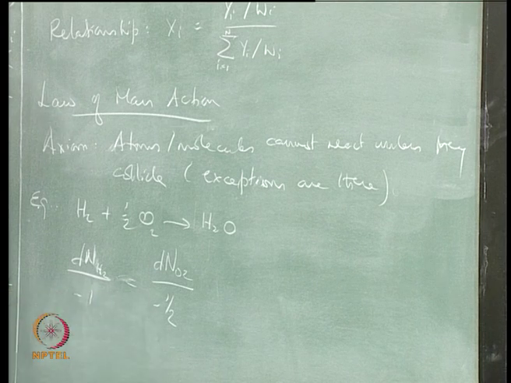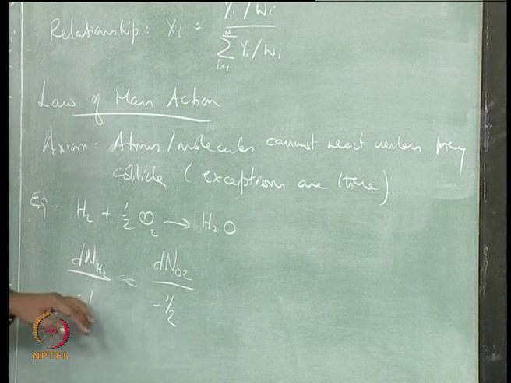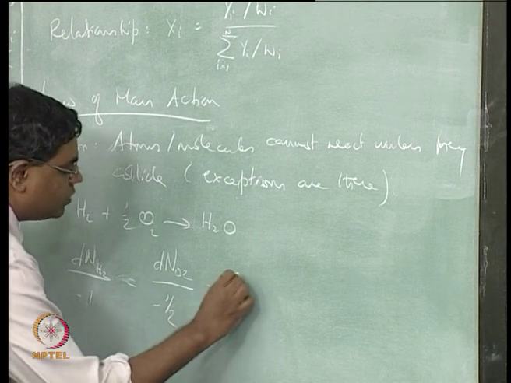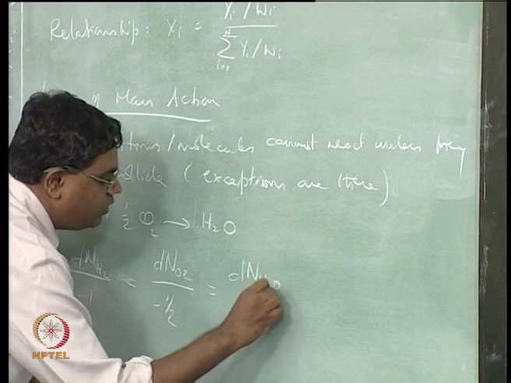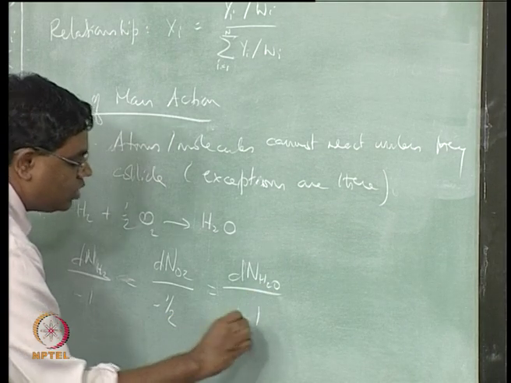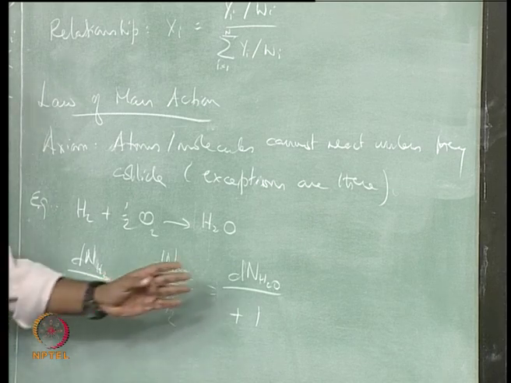So this negative indicates depletion, and the half or the 1 indicates the coefficient, and that's equal to 1 for every mole of hydrogen, that is, plus 1 mole of water that's produced.